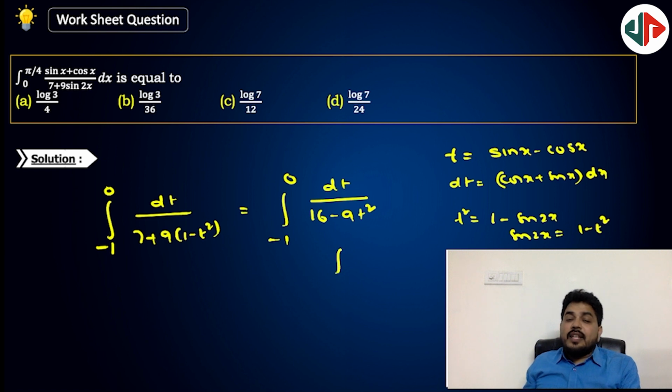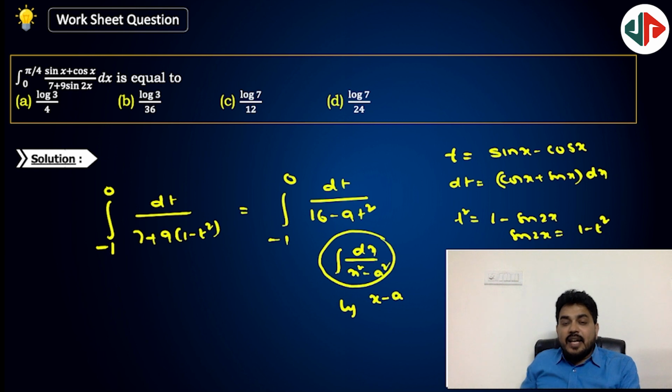Happily, you can do the answer. Integral dx by x square minus a square formula is equal to 1 by 2a times log of x minus a by x plus a. So apply that formula and you will get the answer.